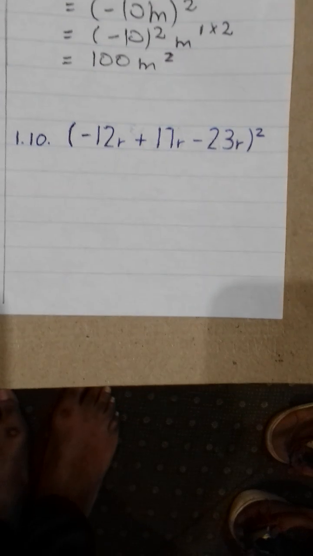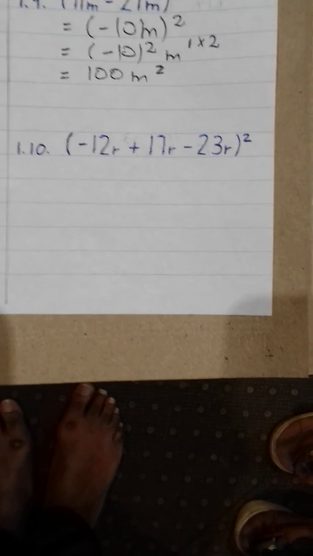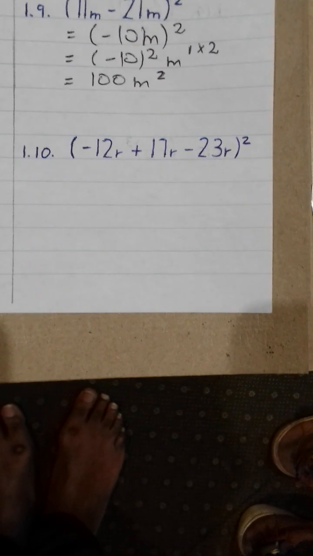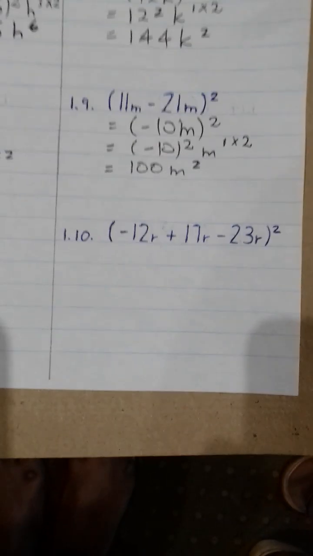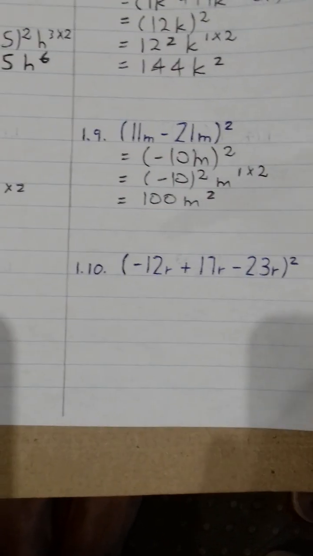1.10, negative 12r plus 17r minus 23r in brackets and then squared. Are they all like terms? Yes, they are. They all contain the same variable r. So we deal with the coefficients. Negative 12 plus 17 minus 23, we get negative 18. R squared.